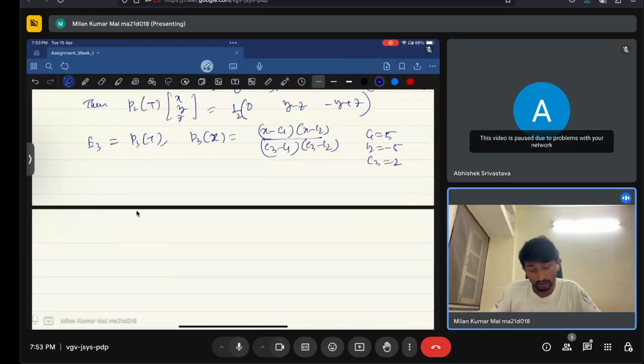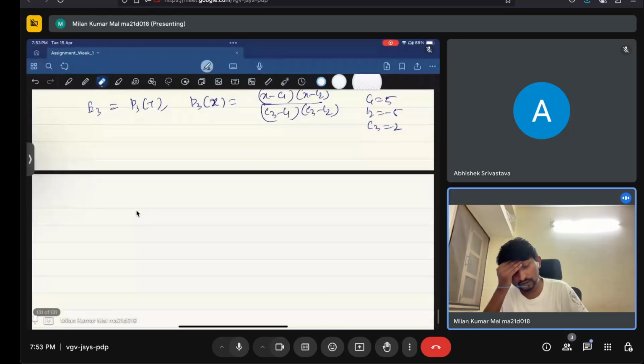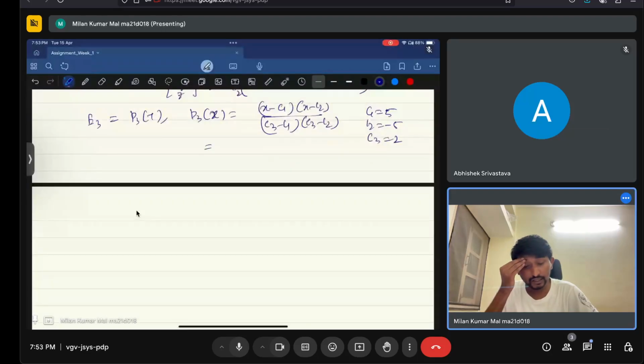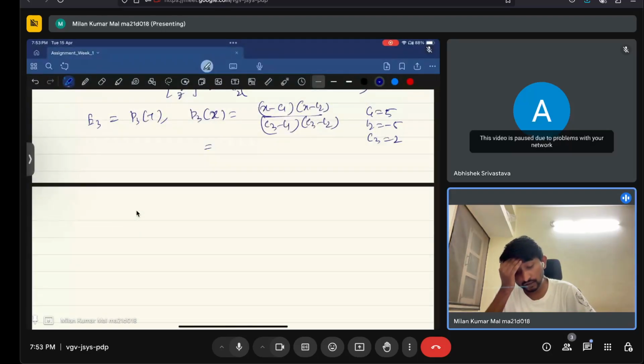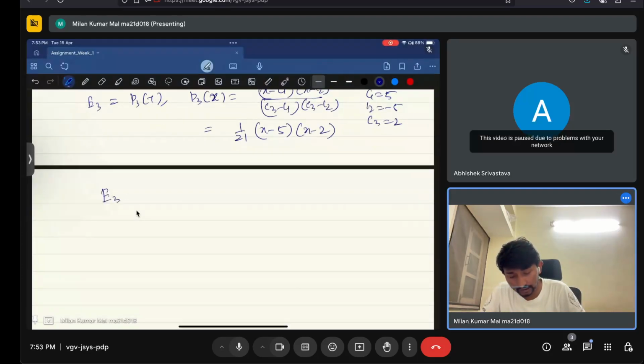So c3 minus c1 is minus 3, and c3 minus c2 is 7. So 1 by 21, x minus c1, that is 5, and x minus c2, that is 2. So therefore E3 is equal to 1 by 21.